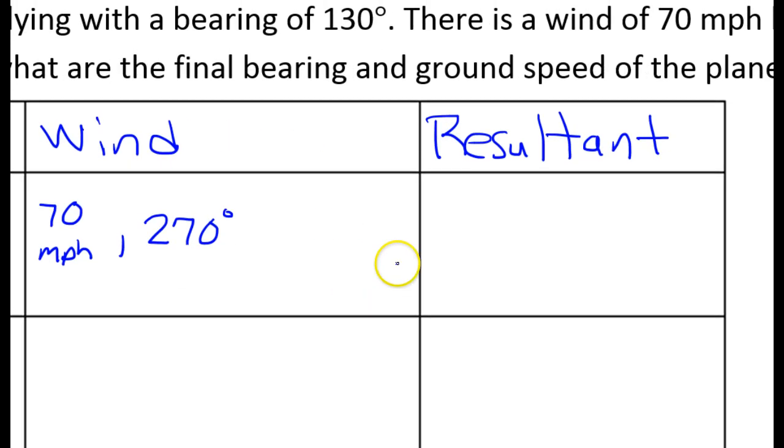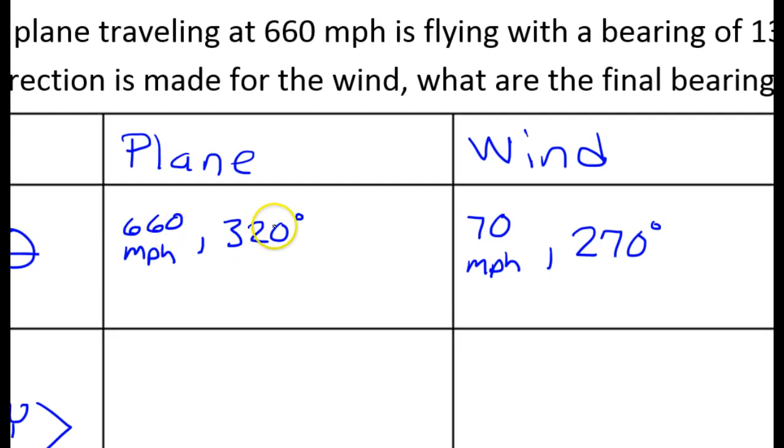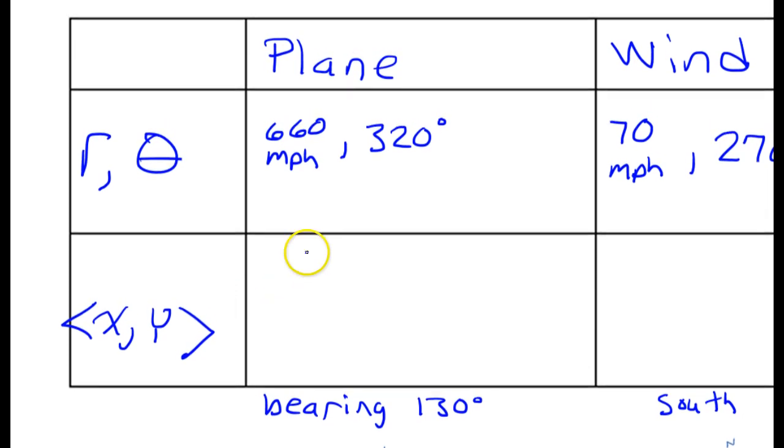Alright, and we would love to write the magnitude and direction of the resultant vector because that's the final answer. But unfortunately, there's no way to directly combine the magnitude and direction when you have the magnitude and angle like this. So we need to take a pit stop and translate the magnitude and direction into component form.